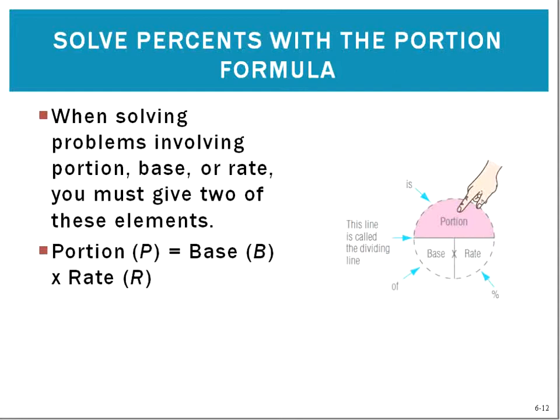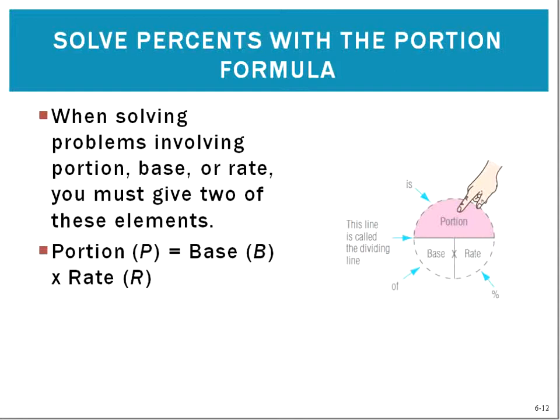So portion on top, base and rate at the bottom. Now basically, if you know two out of those three, if you know two out of base, portion, and rate, you can figure out what the third one is. Okay? So whatever's on the top of the line, the portion, that line that goes through the middle of the circle is the dividing line.